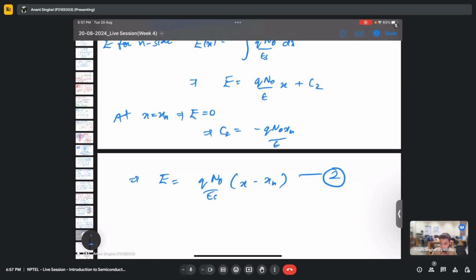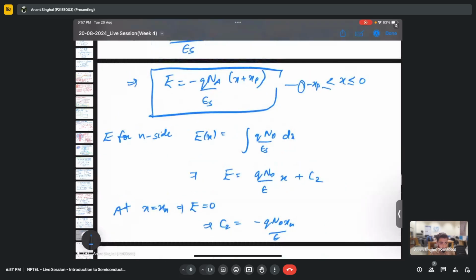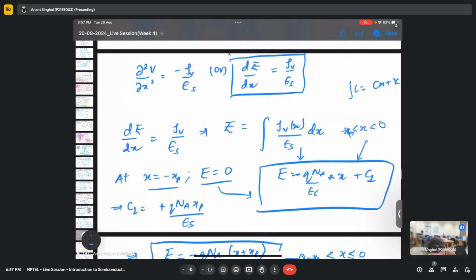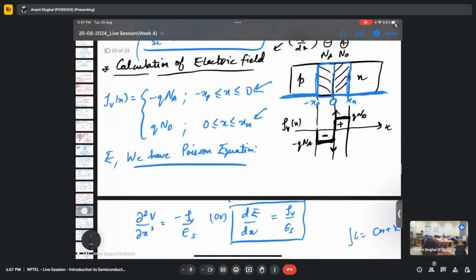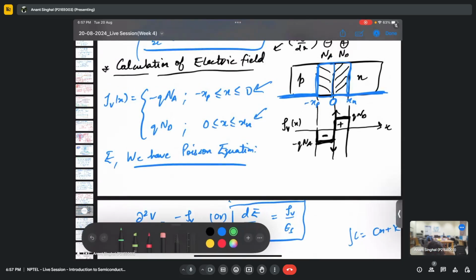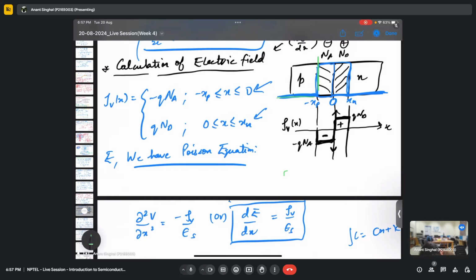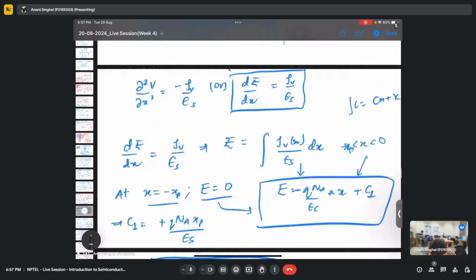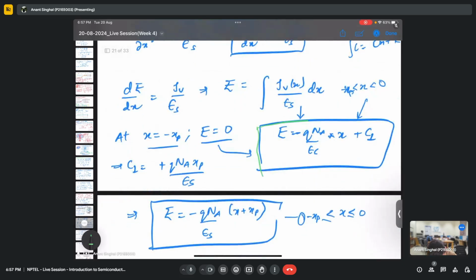Is it making any sense? Is it clear? The electric field at both the ends, and the C1 and C2? Okay, C1 and C2. So I know that at the boundary we don't have any gradient, so at these boundary conditions I have E as 0. Once we have this equation for the p side, the electric field is a linear function of x: minus qNa by epsilon s into x plus C1.